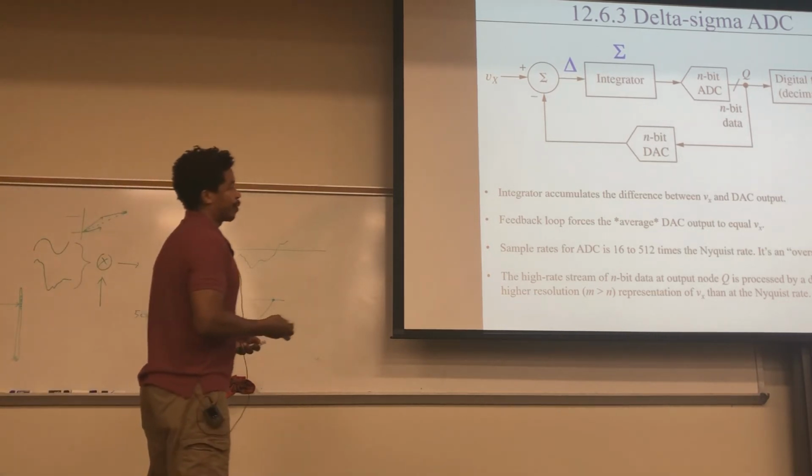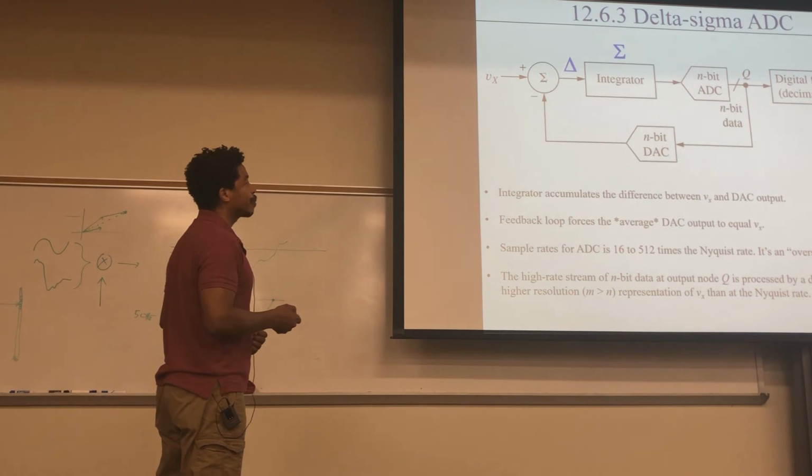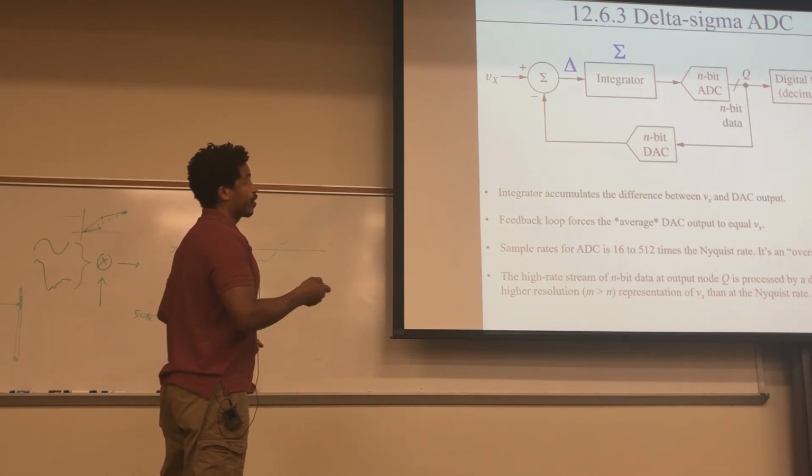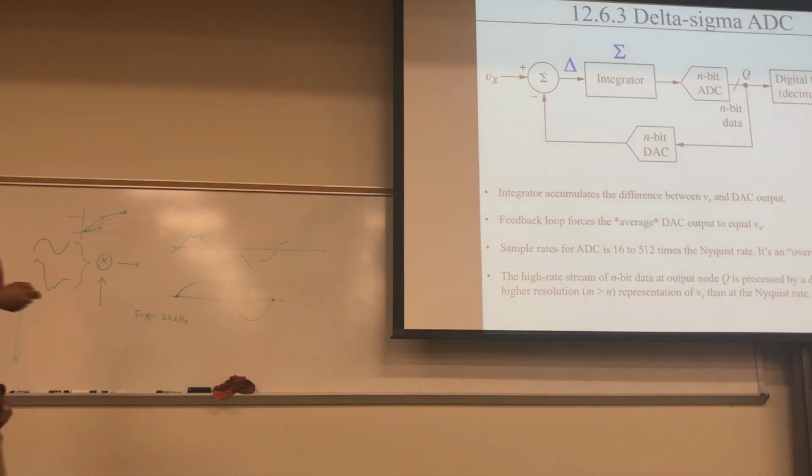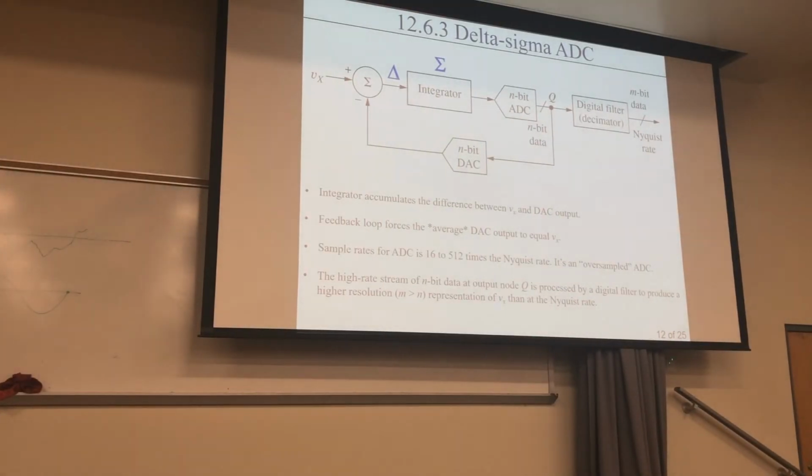Now this is being oversampled. I'm not quite sure why it's oversampled, but that's what's typically done. There's some decimation here, so what's happening is that you're doing some downsampling, where you're not sampling everything that's coming out. You're sampling maybe every other or every nth time. So there's some decimation there.